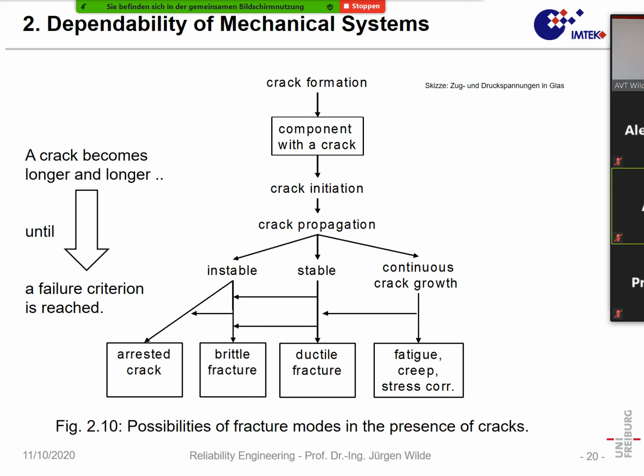For instance, we can have a stable crack propagation in a ductile material, so we just bend it or pull it until it's pulled apart. That would be a stable crack propagation. We can have a continuous crack growth, so that means in a cyclic behavior, in fatigue, or we can have an unstable fracture. That means at some point of load, the sample will just suddenly break.